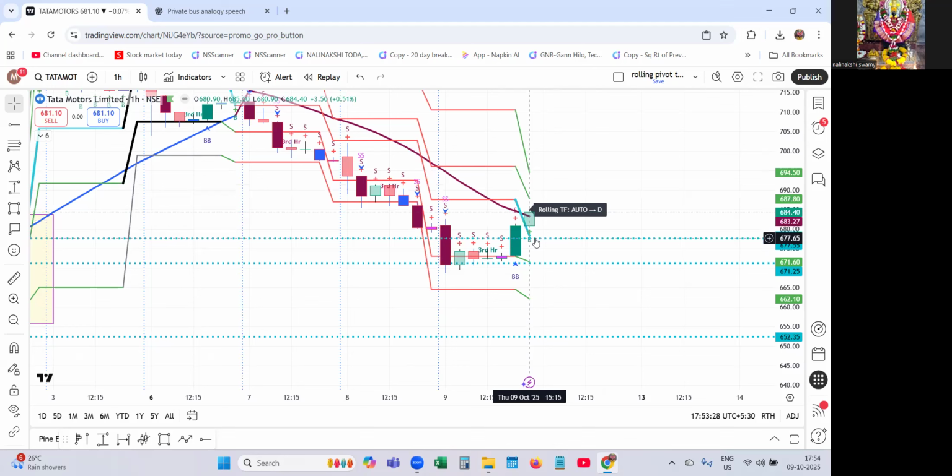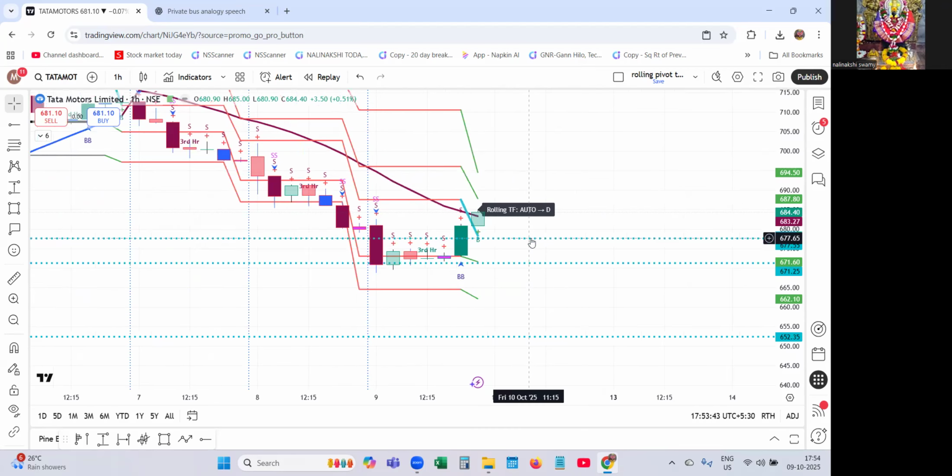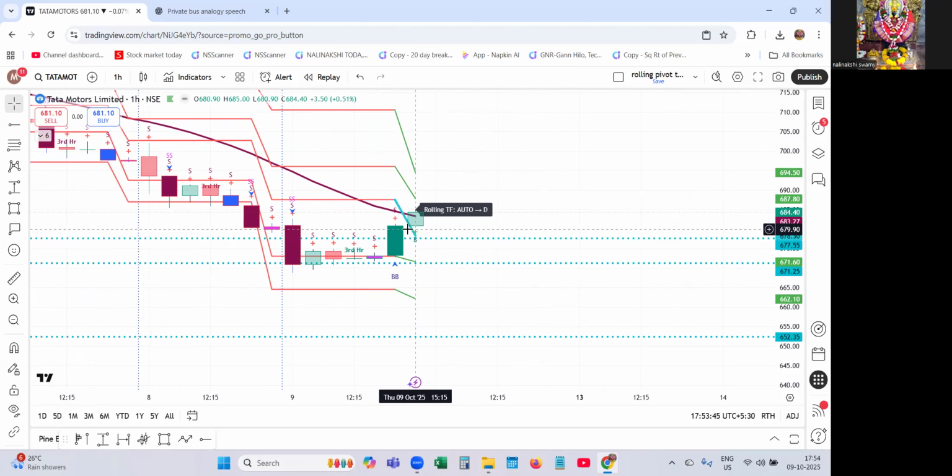And it is showing that the pivot has bent down and the Gann HiLo price has moved above the Gann HiLo and the pivot. So it is showing that price is above the balance. Still, it is in the making.